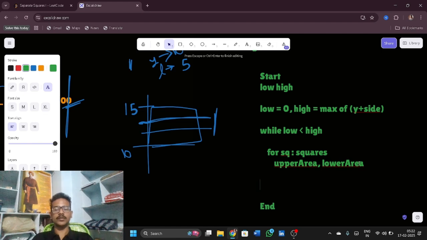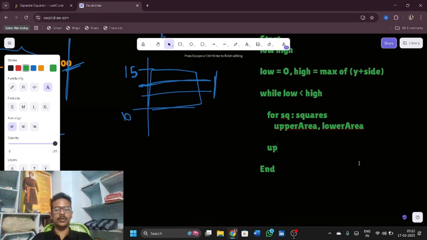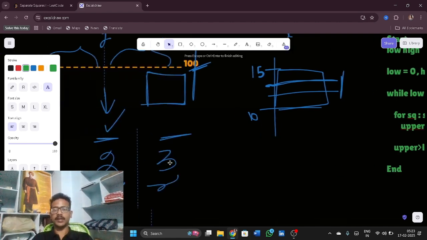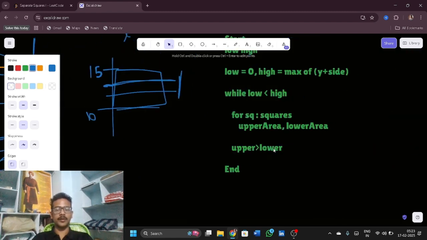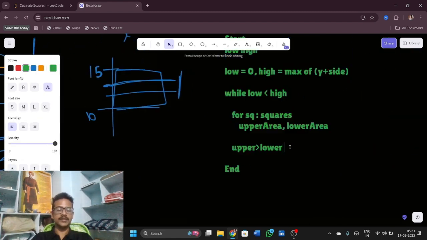So imagine if the upper is greater than lower, that means I need to go to the right side, so low will be initialized to mid, or else high is initialized to mid.